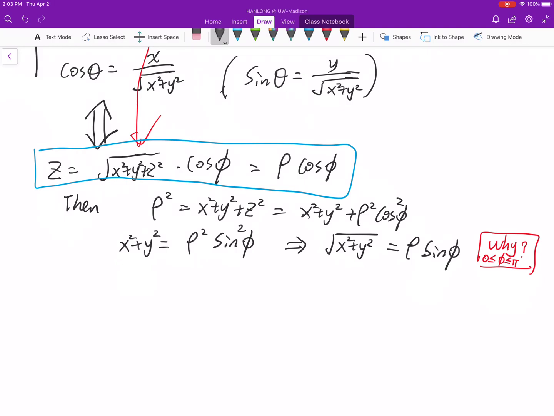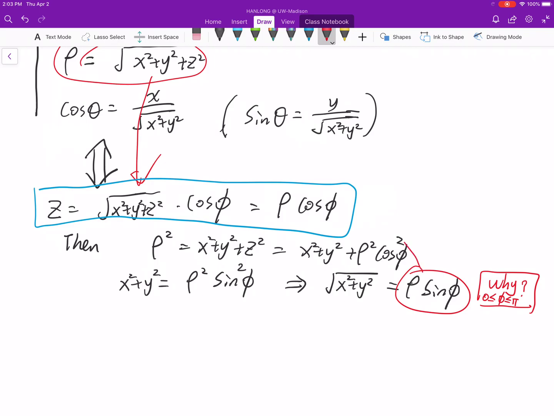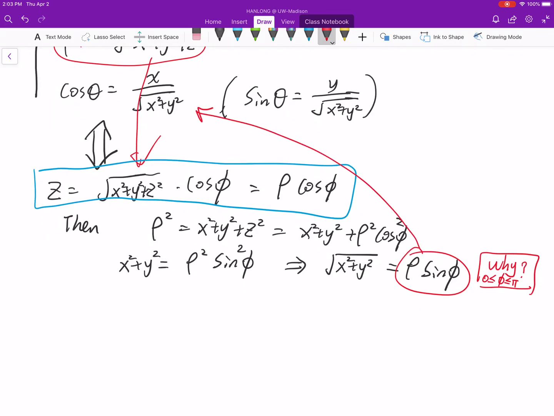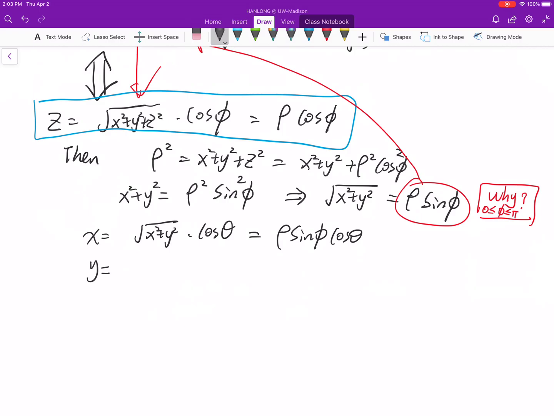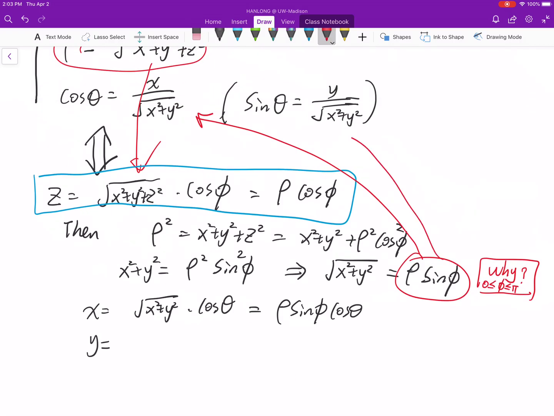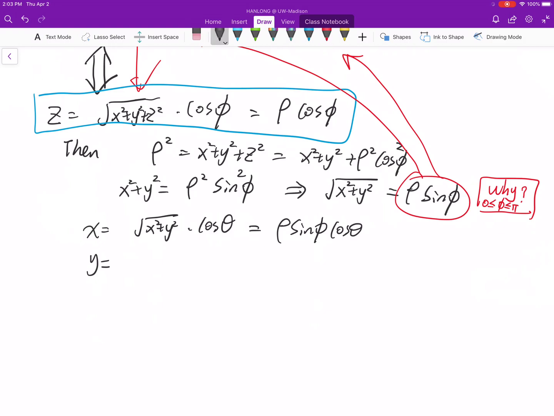Okay, next, by this formula, you can plug into the third equation. Then what do you have? You have x is the square root of x squared plus y squared times cosine theta, which is rho sine phi cosine theta, and correspondingly, y is the square root of x squared plus y squared times sine theta, which is rho sine phi sine theta.